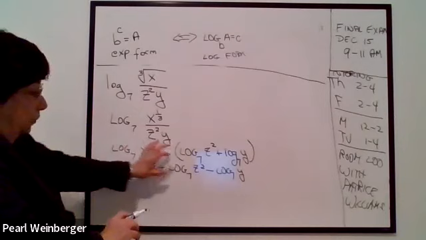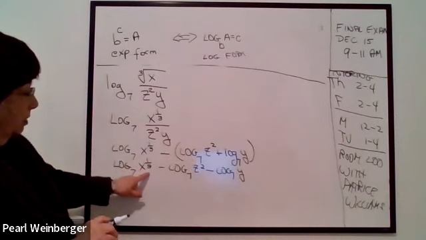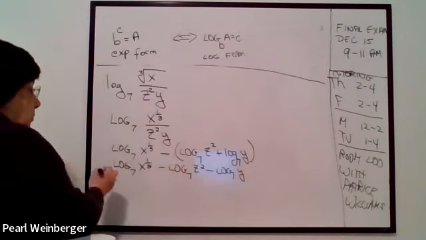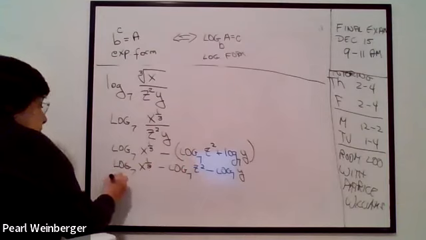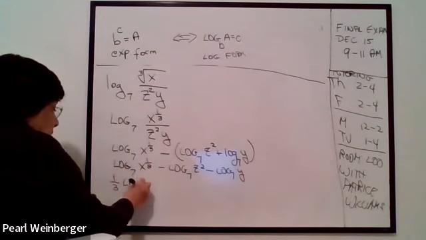I'm not quite finished yet because I have a couple of numbers that have exponents. And remember, I just take the exponents, in this case it's 1/3, and put it as a coefficient.